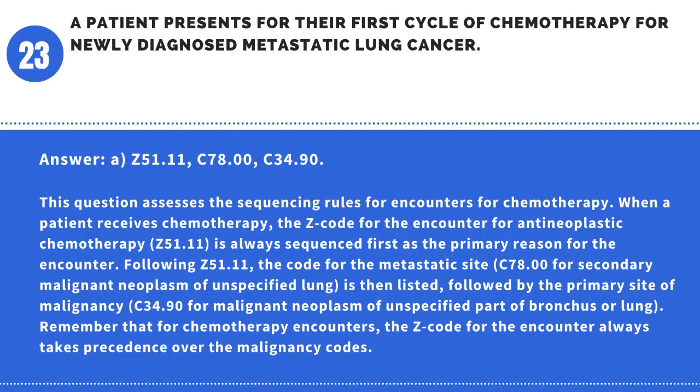Following Z51.11, the code for the metastatic site, C78.00 for secondary malignant neoplasm of unspecified lung, is then listed, followed by the primary site of malignancy, C34.90 for malignant neoplasm of unspecified part of bronchus or lung. Remember that for chemotherapy encounters, the Z-code for the encounter always takes precedence over the malignancy codes.